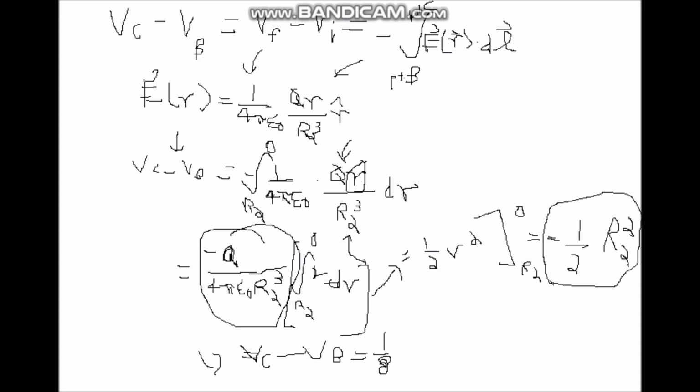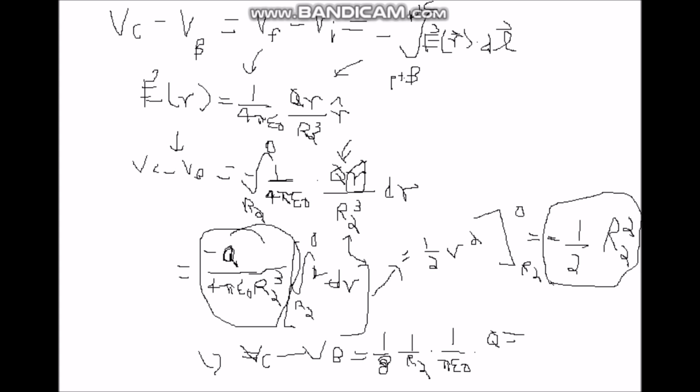With the negatives canceled out, R2 squared over R2 cubed leaves 1 over R2. So we have 1/8 times 1 over R2 times 1 over pi epsilon naught, and times Q in the numerator.